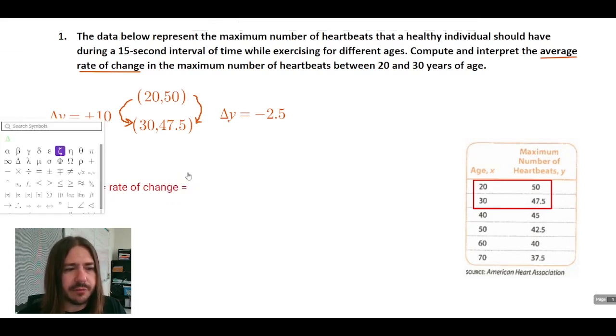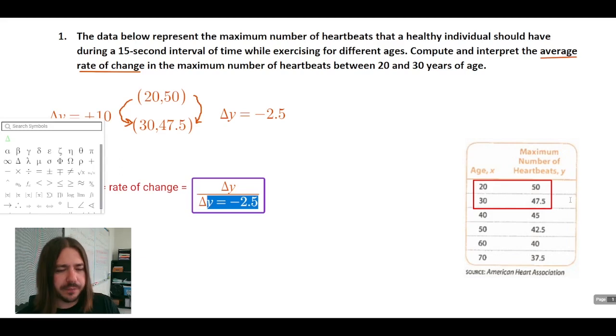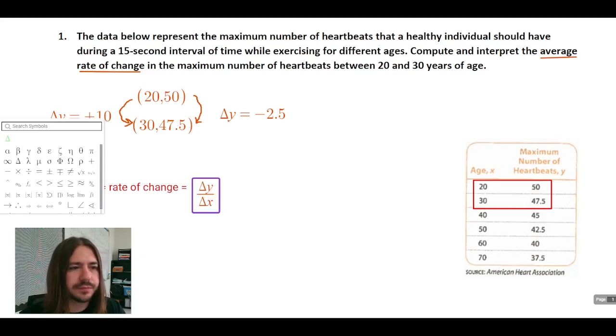Now to calculate rate of change, or the slope, which is something we'll have to do to determine when lines are parallel and perpendicular, it's the change in y divided by the change in x. Or visually, it's rise over run. We already have these 2 values.